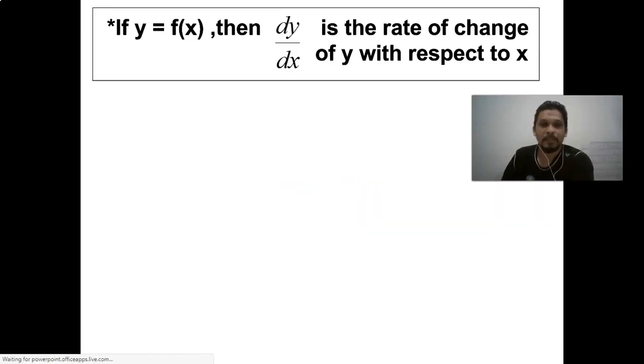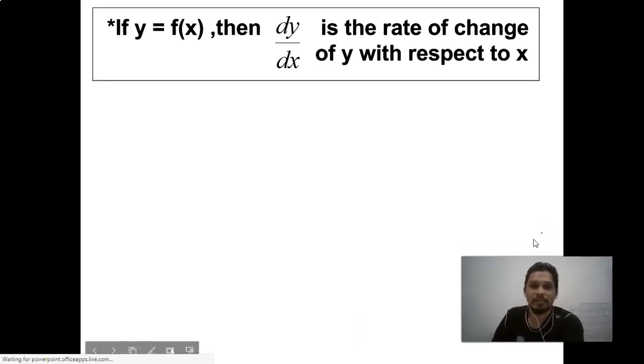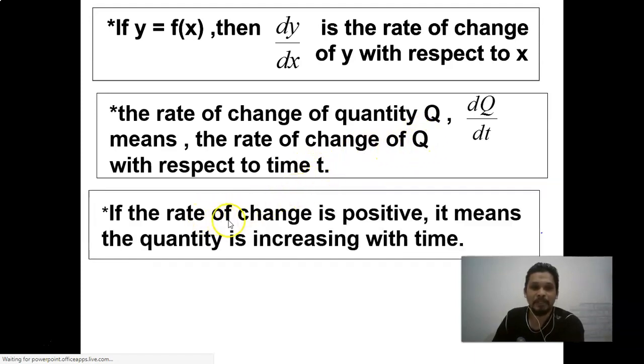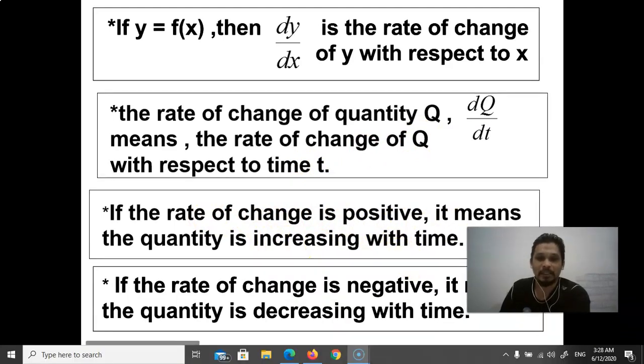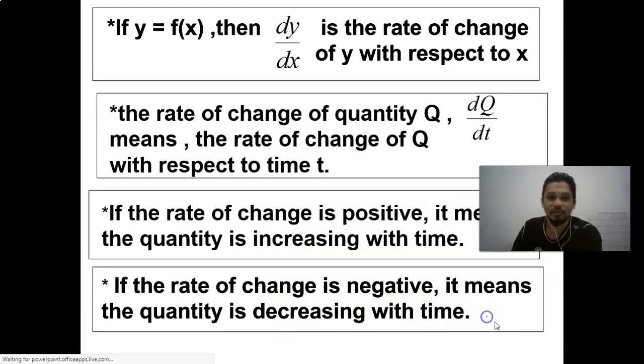If y equals f(x), then dy/dx is the rate of change of y with respect to x. The rate of change of a quantity means the rate of change of Q with respect to time t. It is somehow correlated with physics because the change of Q is subject to time. If the rate of change is positive, the quantity is increasing with time, and if the rate of change is negative, the quantity is decreasing with time.